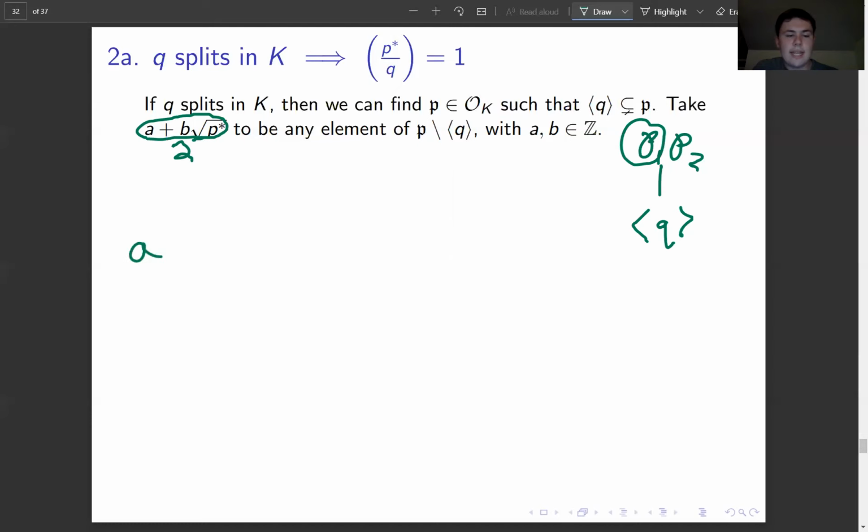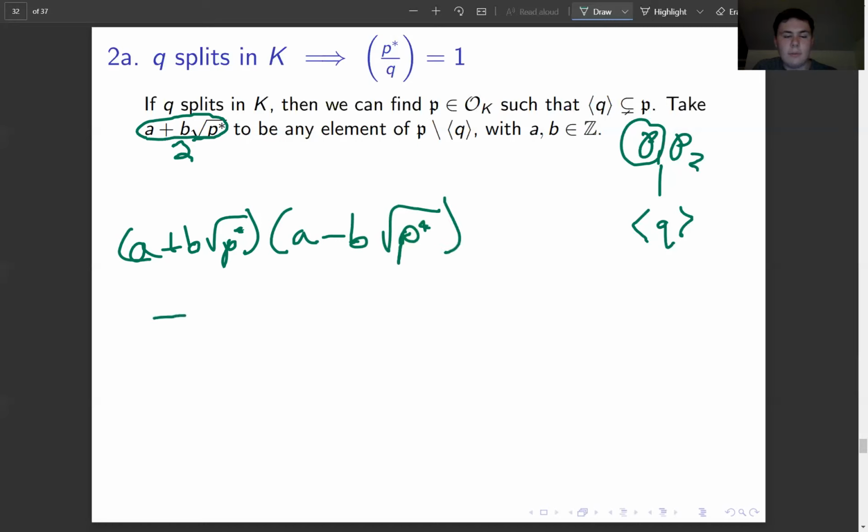So now we're going to take that element, a plus b root p star, and multiply it by this other number, a minus b root p star. Because this is an ideal, whatever product we get, which turns out to be a squared minus b squared p star, you can convince yourself of that with FOIL, has to be in the ideal P, because the first element is in P, and that's how ideals work.